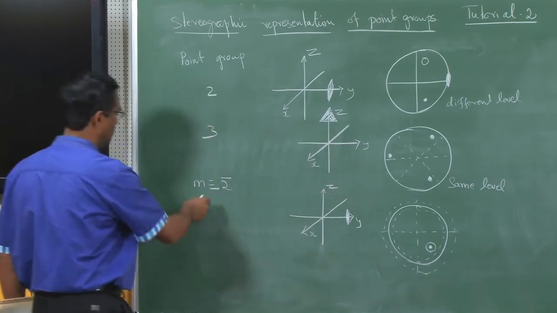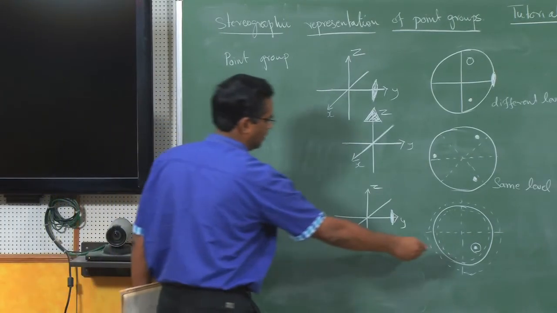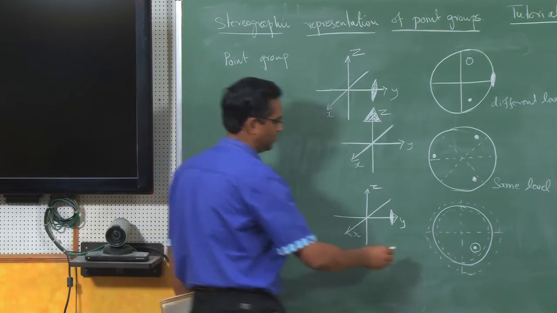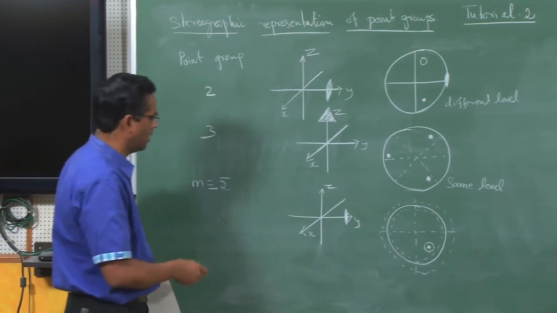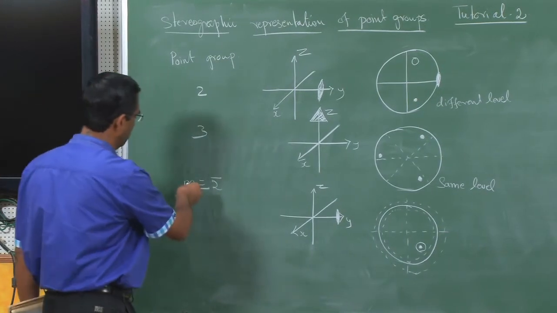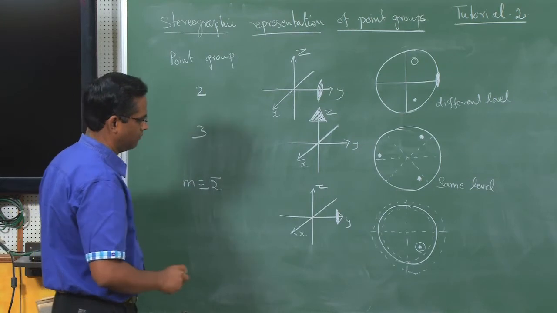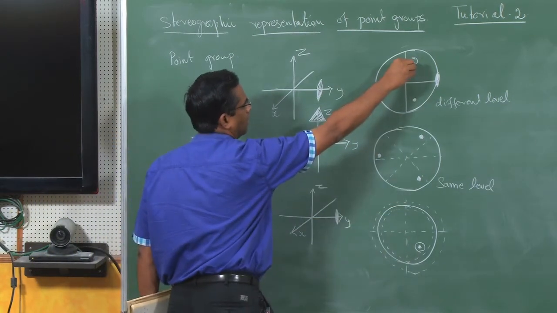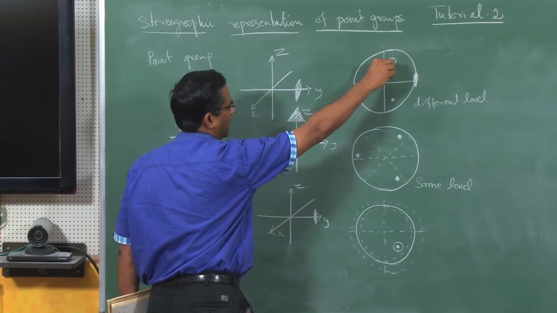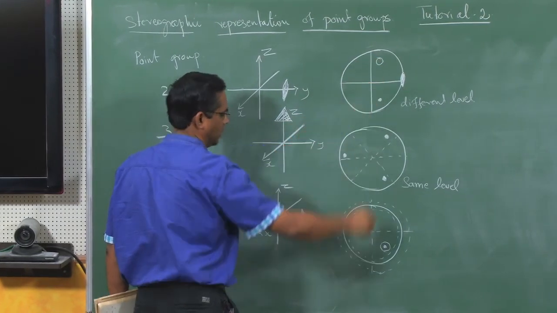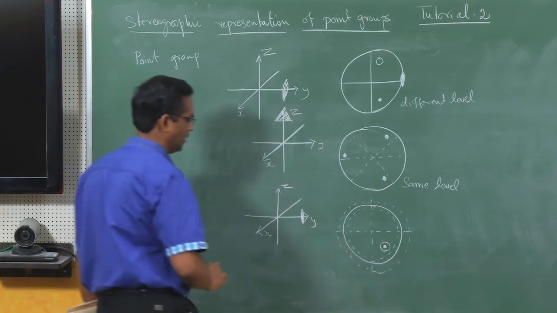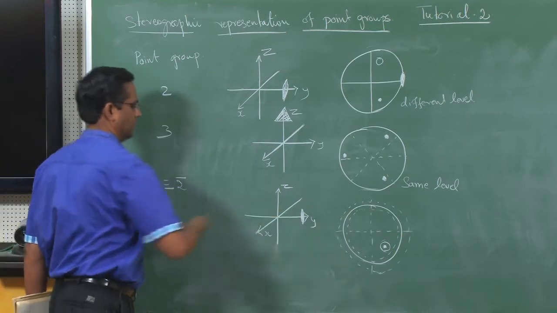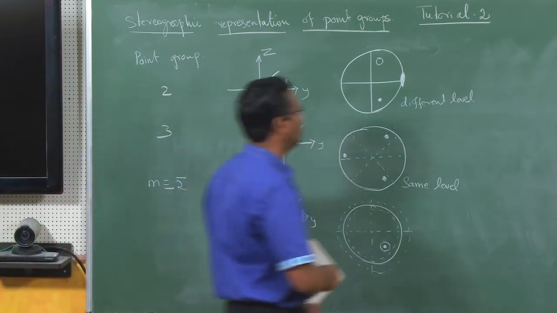What I have done here is a C2 with a mirror. It is a mirror, but it is a roto-inverter. So, what happens when you rotate? This will go there, it will invert, so that will come up. It is all in the same level. So, you have the mirror which is cutting this plane. Similarly, I will show some more examples.